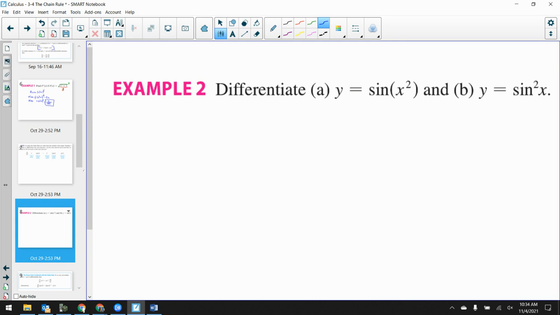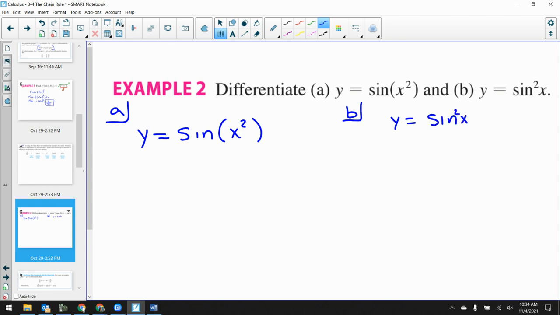Differentiate A and B here. A is y equals sine of x squared. And B is y equals sine squared x.